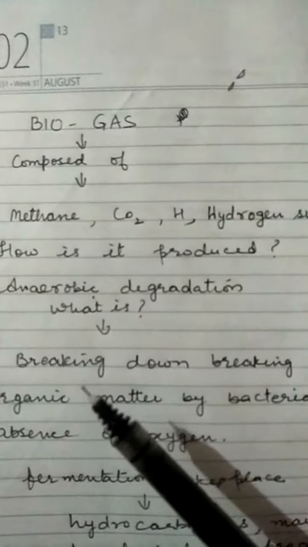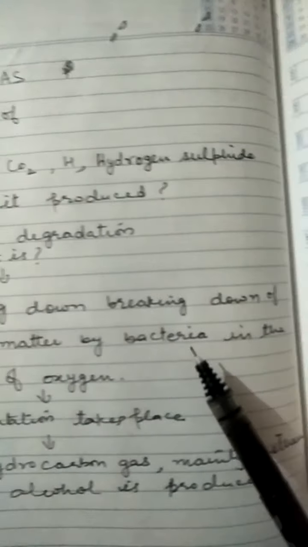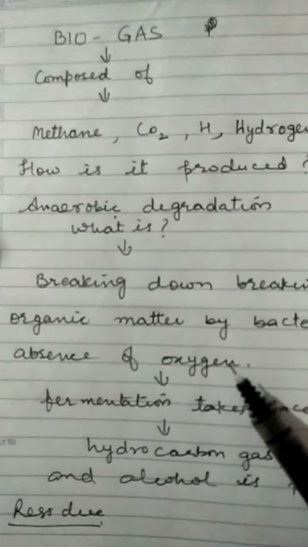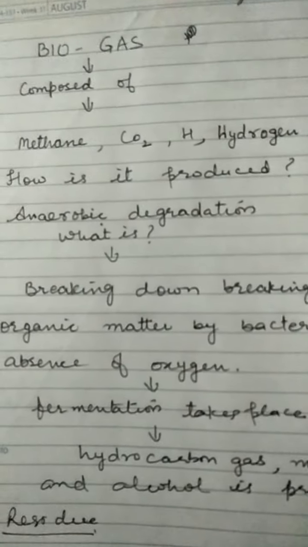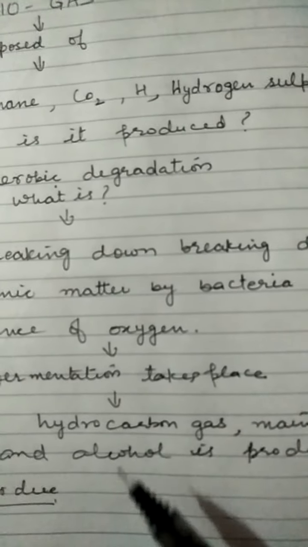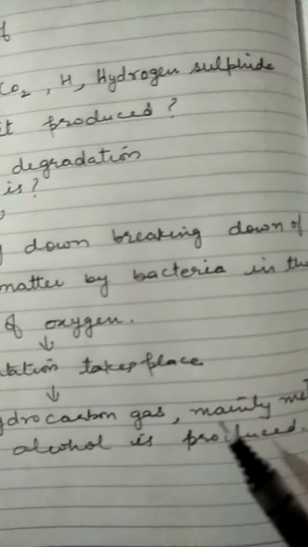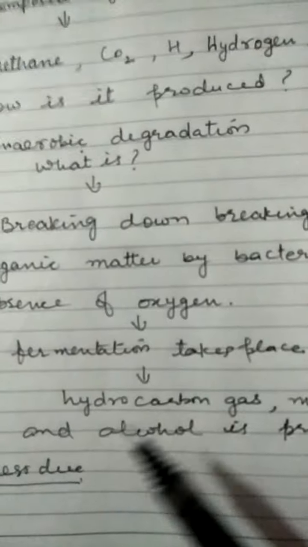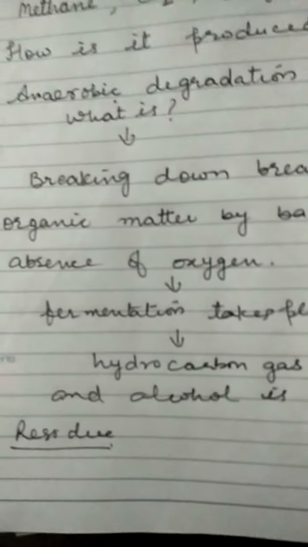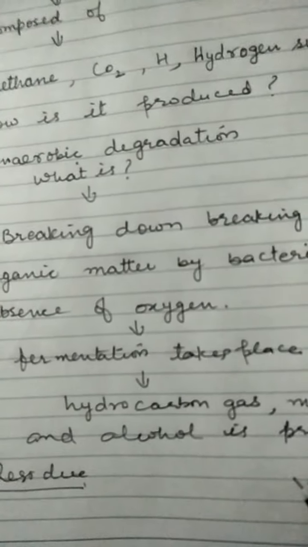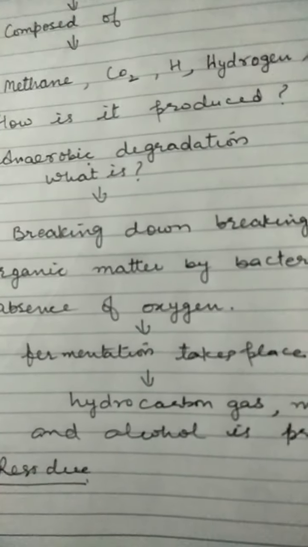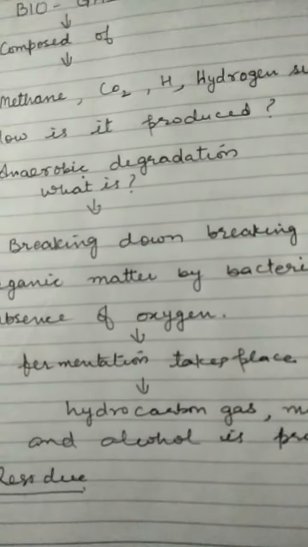Anaerobic degradation means breaking down of organic matter by bacteria in the absence of oxygen. What happens? Fermentation takes place and hydrocarbon gas, mainly methane and alcohol, is produced. And the residue which is left behind is used as manure.